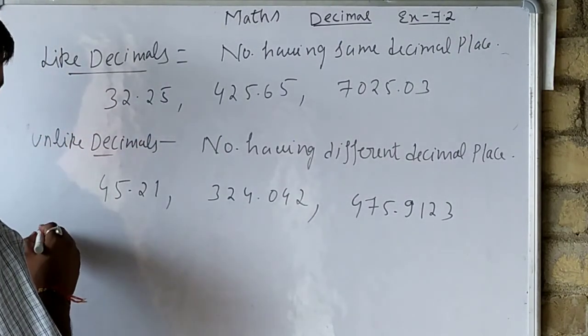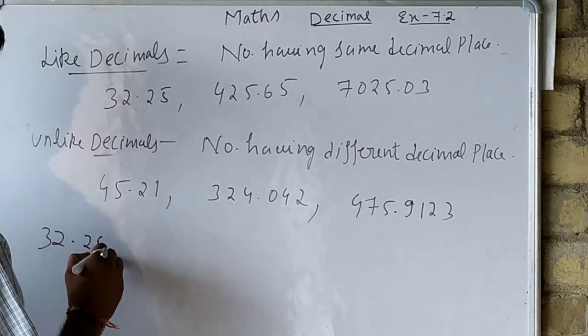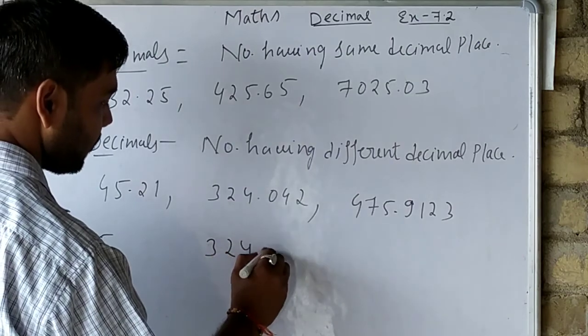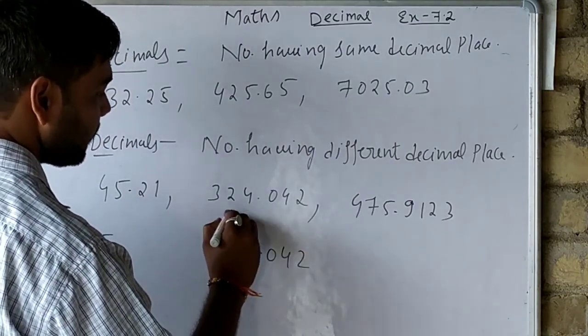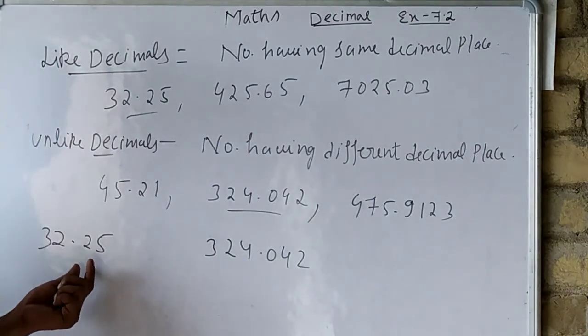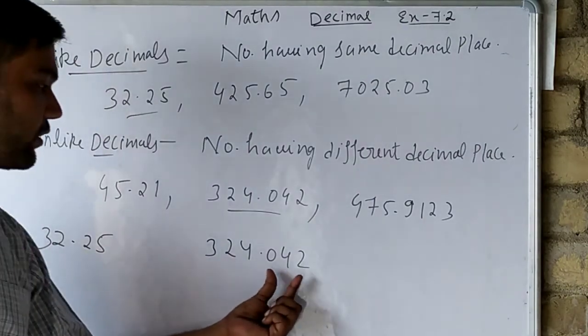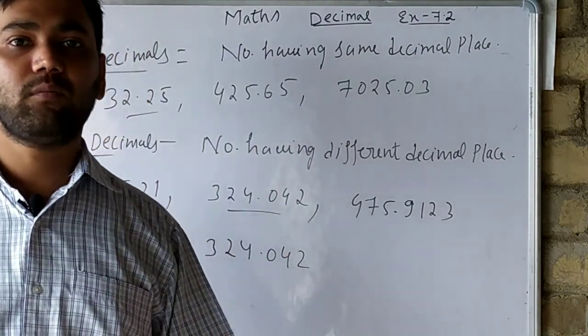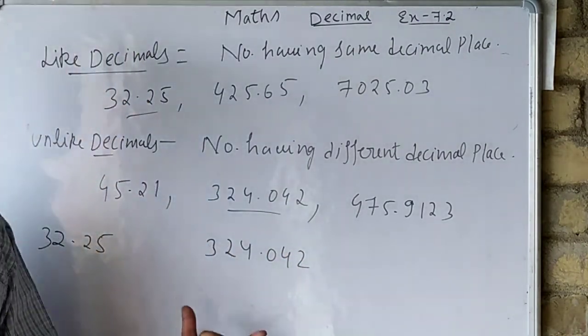One number is 32.25 and another is 324.042. We clearly see that here we have two decimal places and here three decimal places, but we can convert them into like decimals.